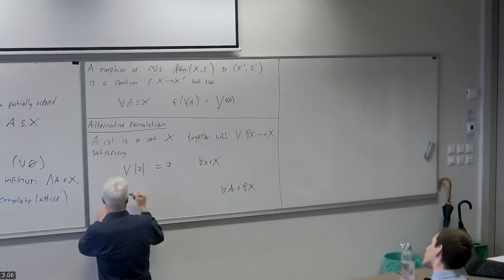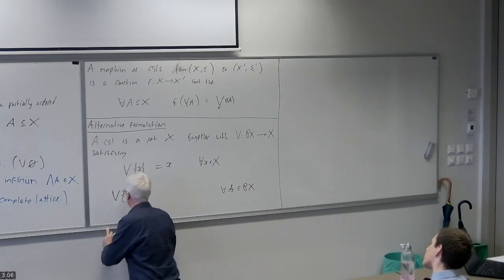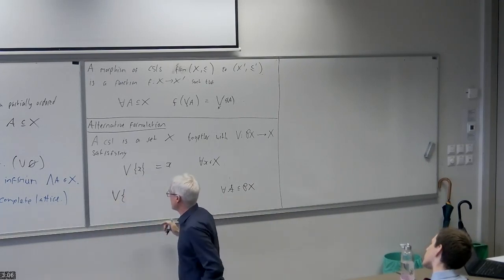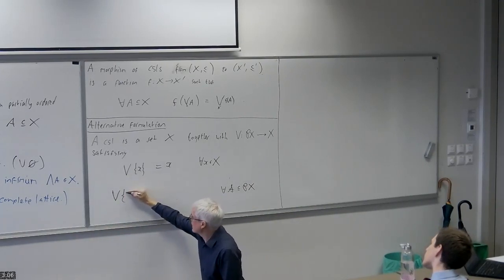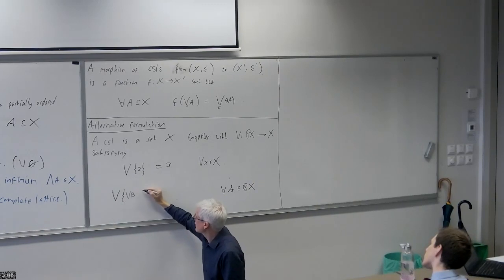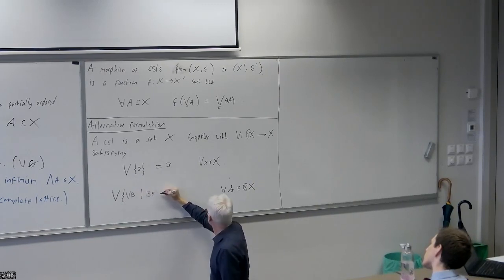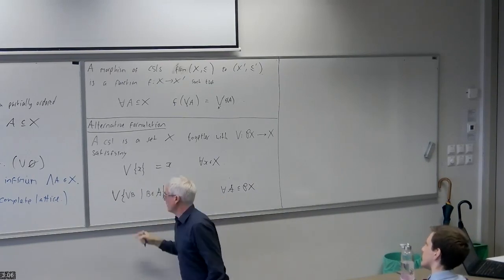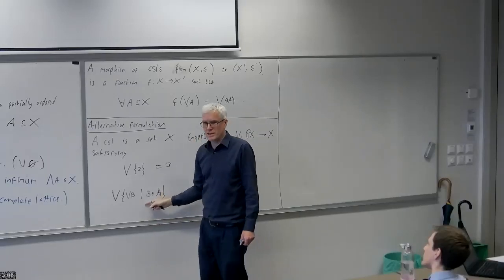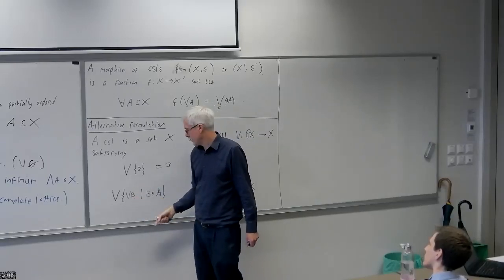And we're going to say that if we consider the join of what we get, we've got a family of subsets of X. So for every subset, we can take the join of that. So we take the join of B for every subset B belonging to the family curly A. And then once we've got the join for all those inner subsets, we take the join of all the joins.